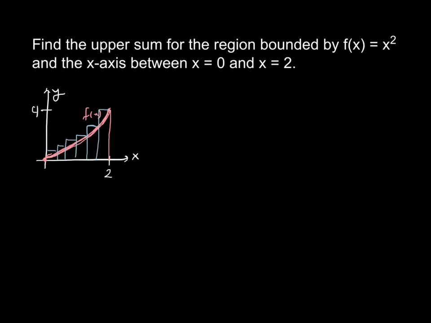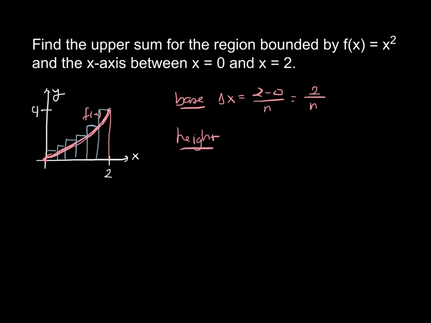Now if we add the areas of these rectangles, we would have an over approximation for the area. Now we need the base and the height, so let's start with the base of each rectangle. We know is delta x. And that's going to be the length of the interval, which is 2 minus 0, divided by the number of rectangles. Now we don't know how many, so we leave this in terms of n.